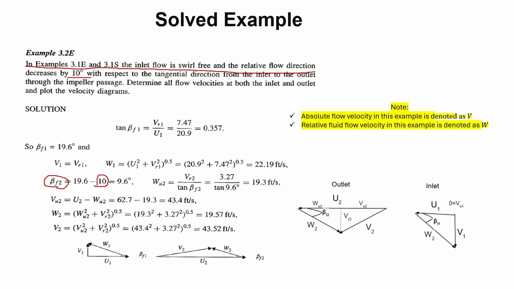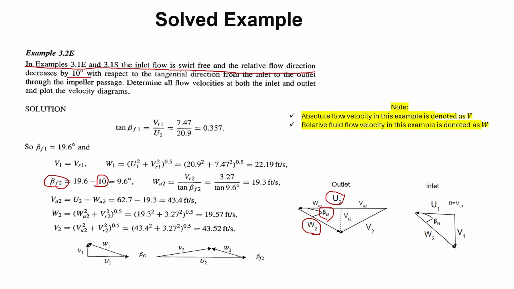It's asking you to determine the absolute flow velocity at the inlet and outlet, and also plot the velocity diagrams. Now this is a radial flow machine, and we have the flow angle making this much with the relative flow velocity at the outlet. So the angle between the rotor speed at the trailing edge and the relative flow velocity at the trailing edge is this much, beta sub f2.